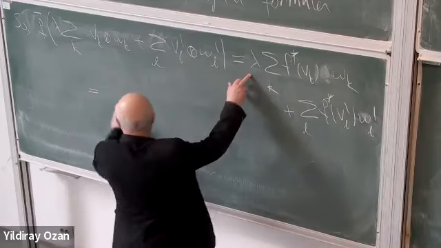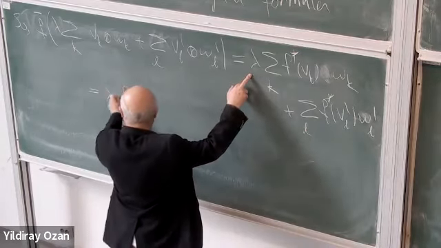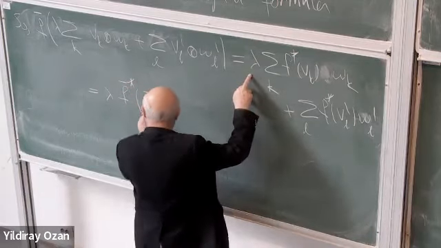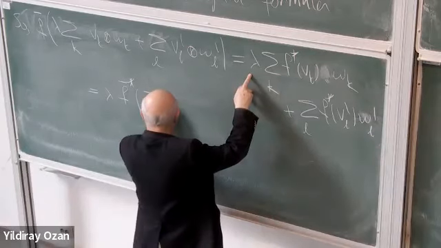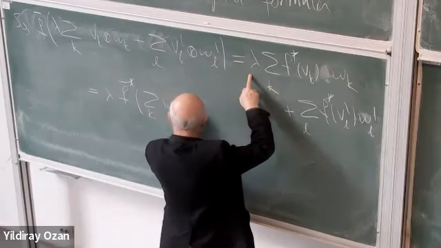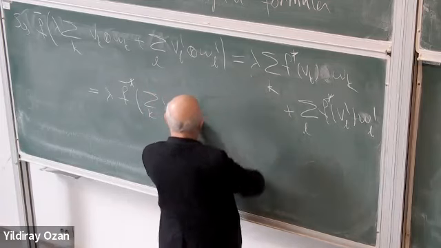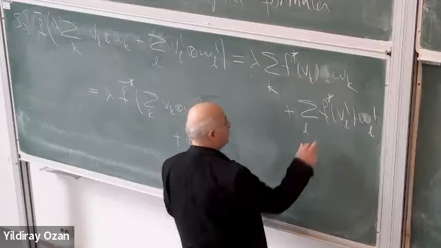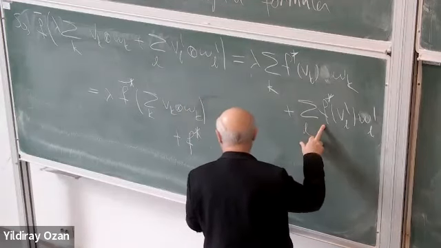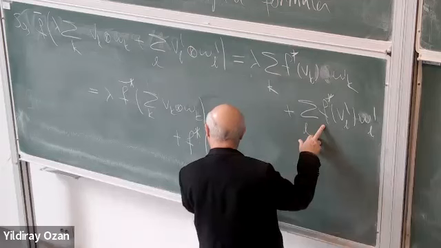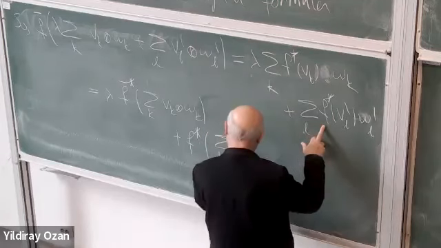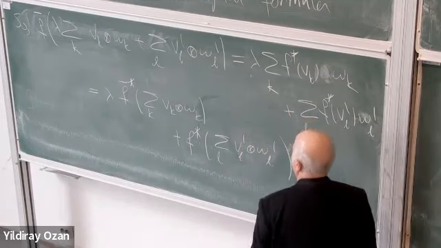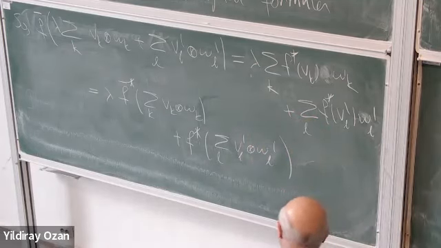Well, this is just lambda times f bar star of this digit, plus f star of L d L prime w L prime. So we are done.